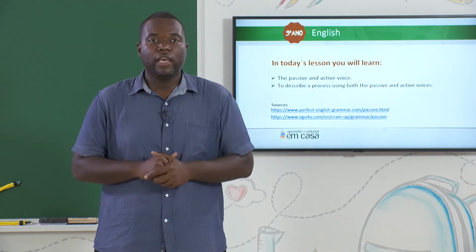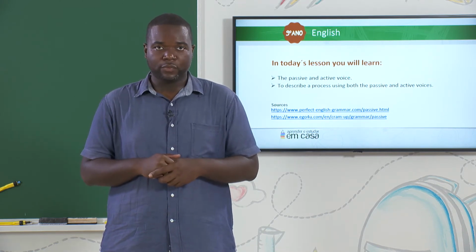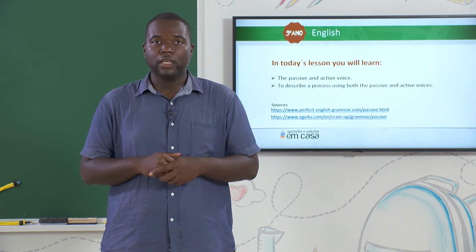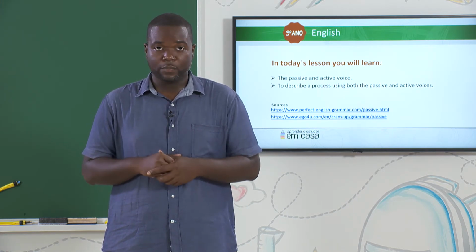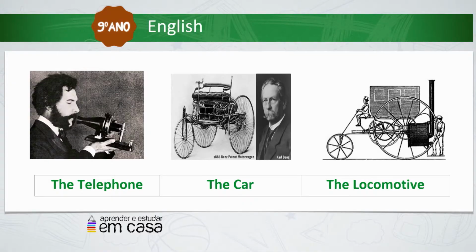Yes, students, today we will talk about the passive and active voice, all right? But what will be our theme for today? Our theme for today will be inventions. This is what we will use to talk about the passive and active voice. And here you have some of the greatest inventions of mankind's history. You have the telephone, the car, and the locomotive.